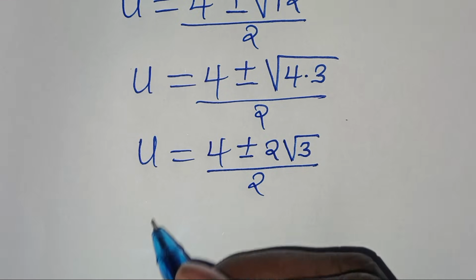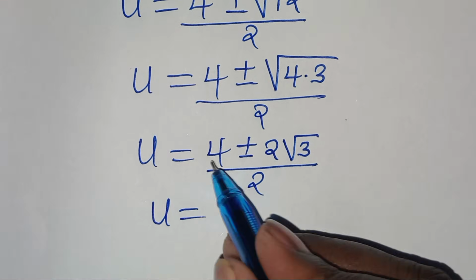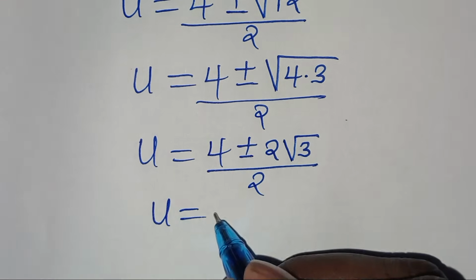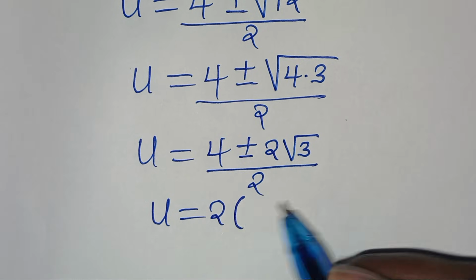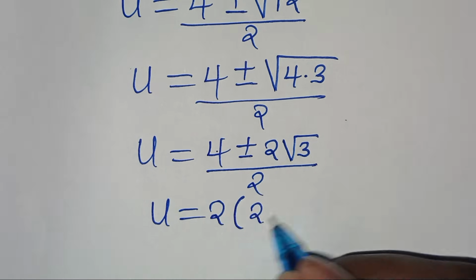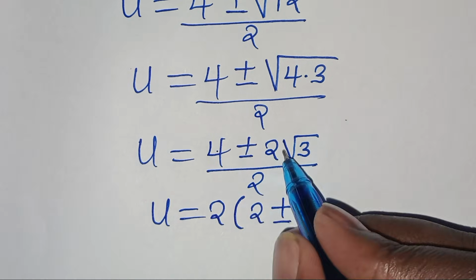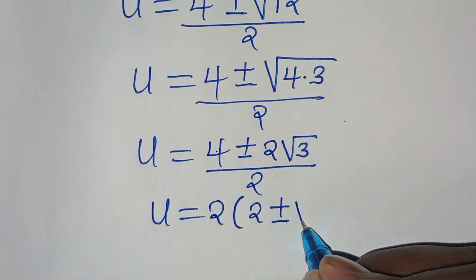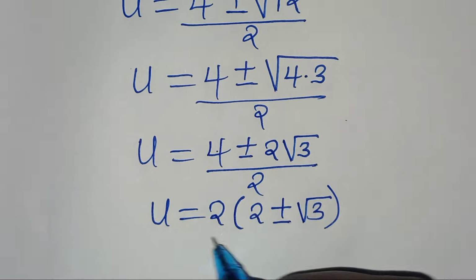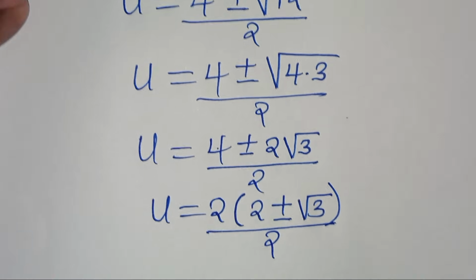In the numerator, 2 is common, so we can factor out 2, so that we have 4 divided by 2, which is 2, plus or minus 2 square root of 3, everything divided by 2.